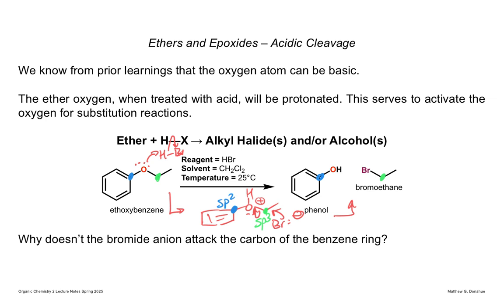If both carbon atoms were sp3 hybridized, you would just then analyze them according to the class, primary, secondary, tertiary. And that would give you guidance on which one gets attacked.